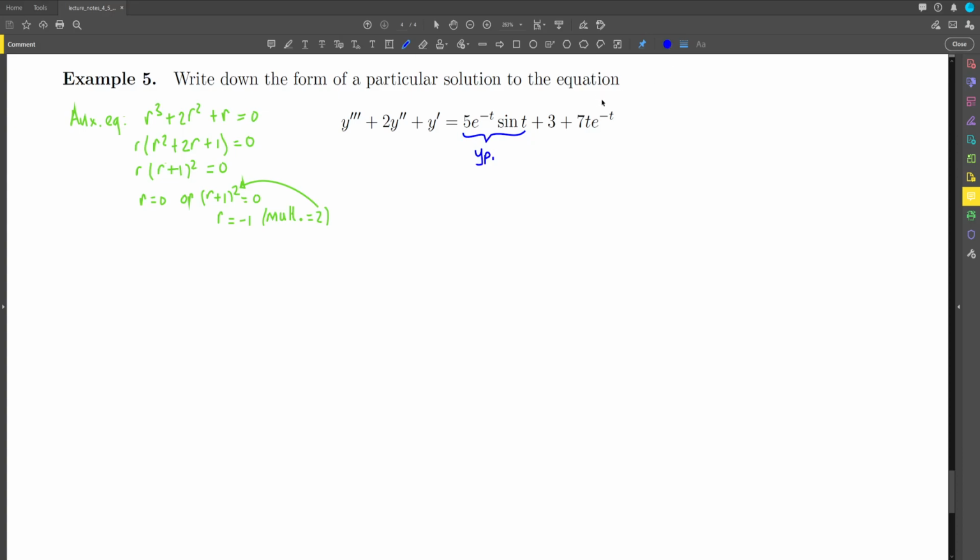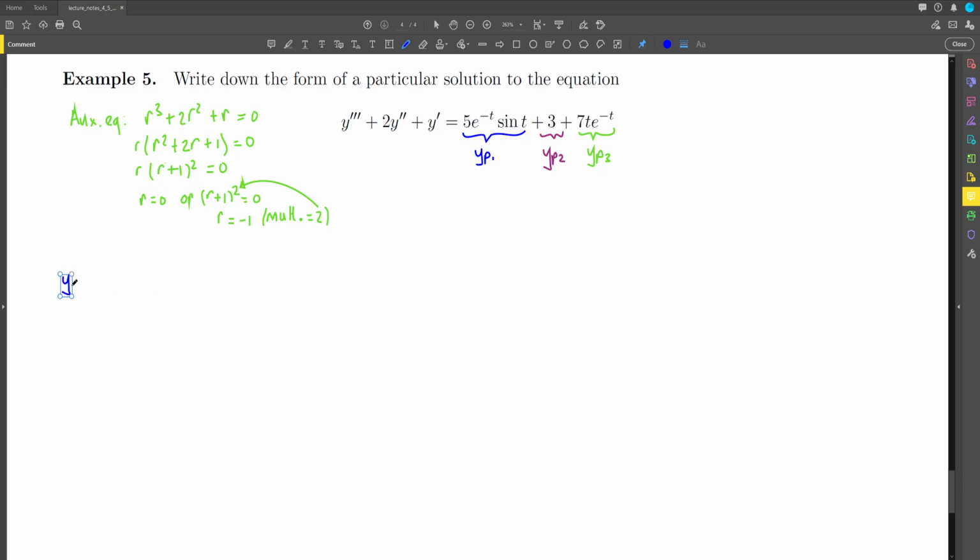Then the second part right here, the plus 3, I'm going to find a yp2. And then finally, for the third part, I'm going to find a yp3. So let's do that down here.